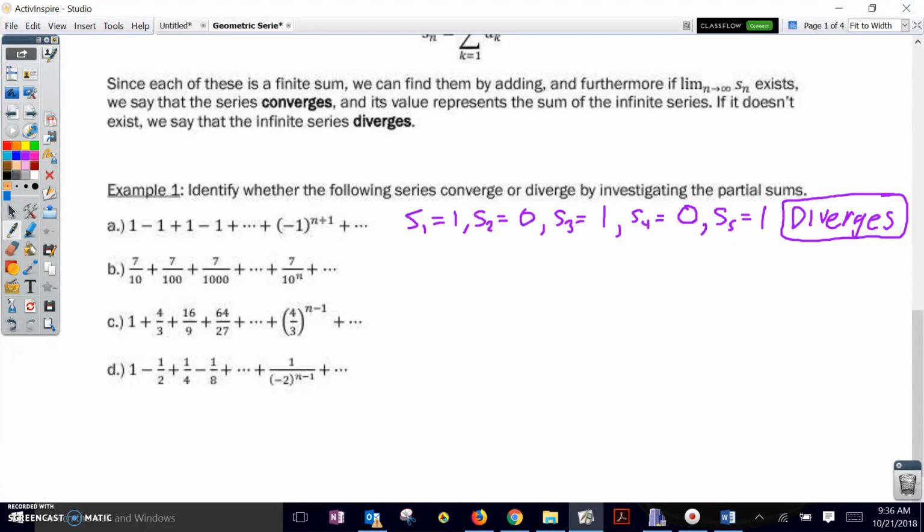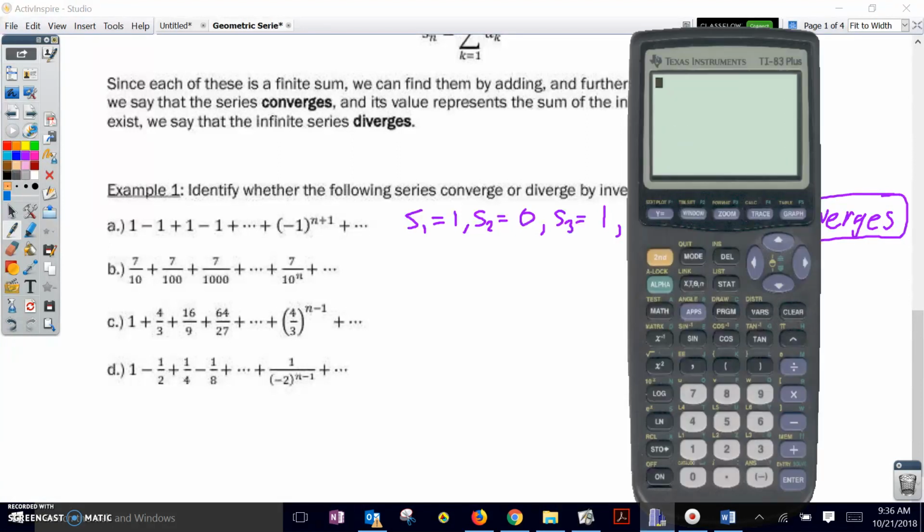Okay? From here on, I'm not going to write out the partial sums. I'm just going to show them to you on our calculator. So first we've got 7/10. So the first partial sum is 0.7. Then we add to that 7/100ths, 0.77. Then we add 7/1000ths.